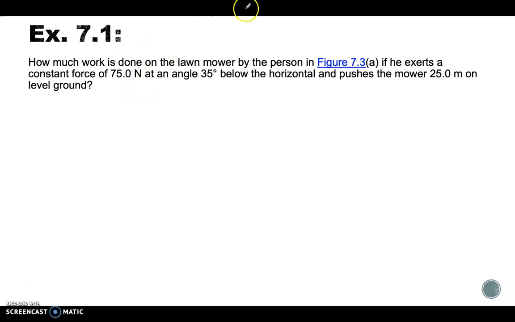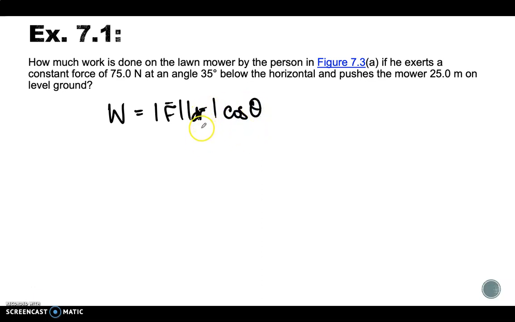So what we will do is remember that work is the magnitude of the force times the magnitude of the displacement, the total displacement, times cosine of the angle between the two.